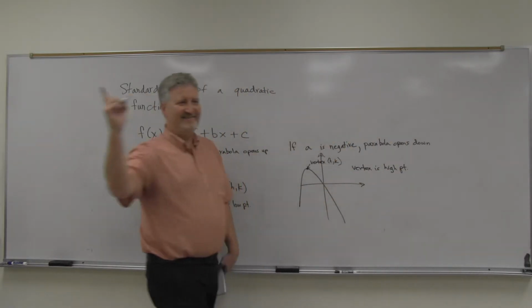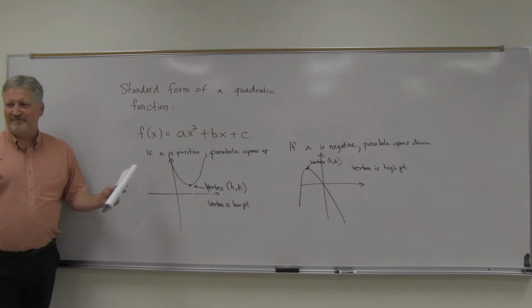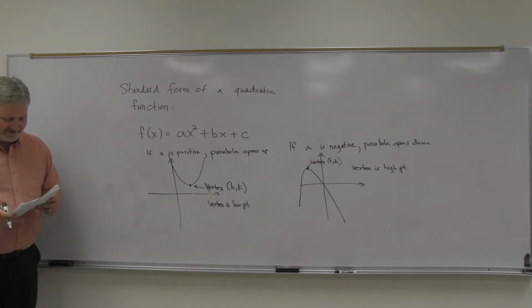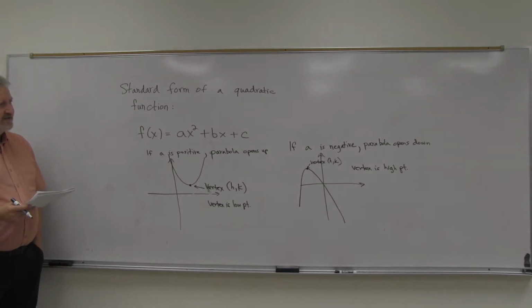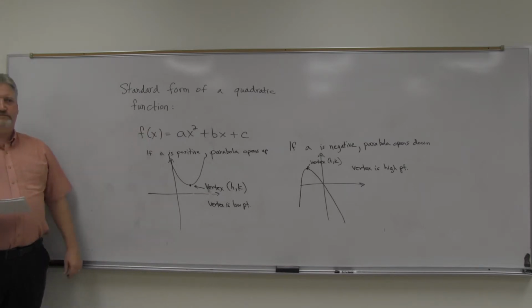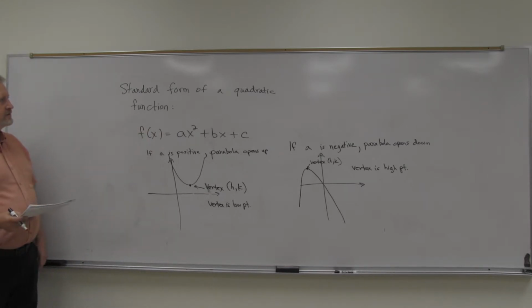So keep that in mind. I've mentioned that a couple of times now, but that is significant. We'll mention something more about that in a second. All right, okay. So that's what, in general, a standard form of a quadratic function looks like.